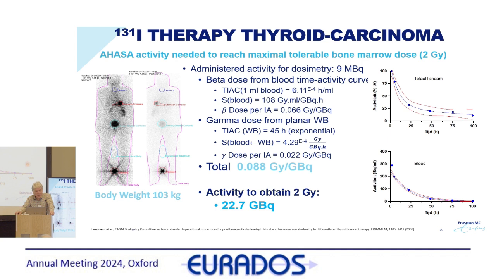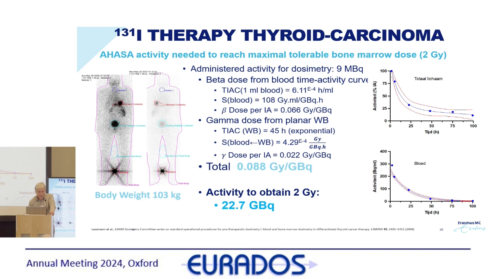To give you an example of how this is done in the clinic, iodine-131 therapy of thyroid carcinoma is sometimes given after a prior scout dose, in this case 9 megabecquerel of iodine-131, to know the uptake in the total body and the clearance of the activity from the blood.